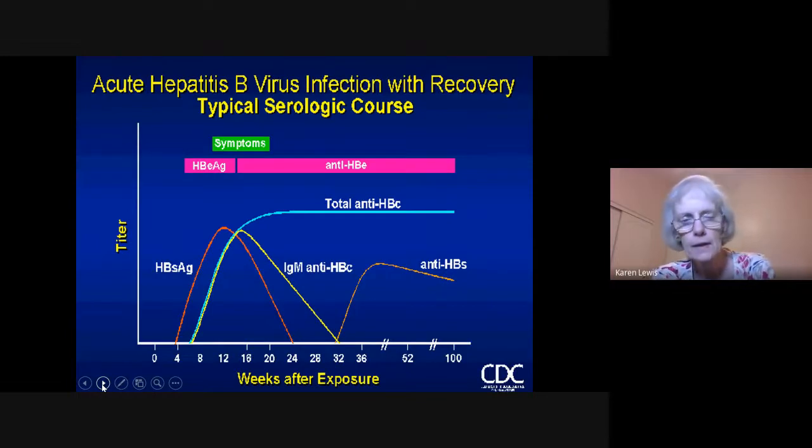Remember, you have the surface antigen that is first detected after initial infection, and then you start getting antibodies to hepatitis B core antigen. And you'll get both IgM and IgG antibodies.